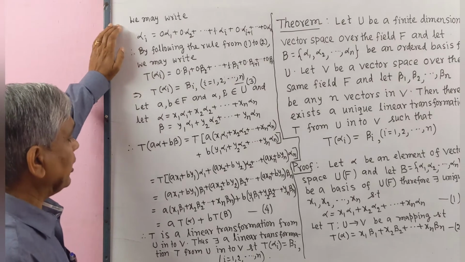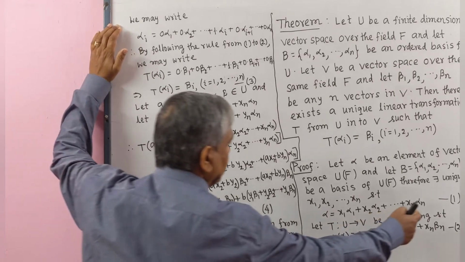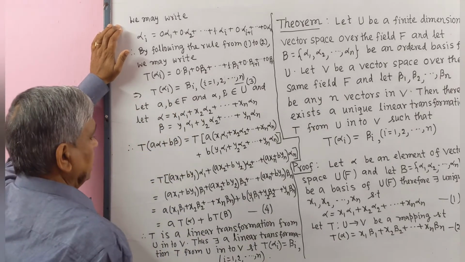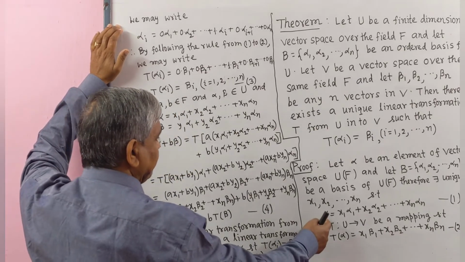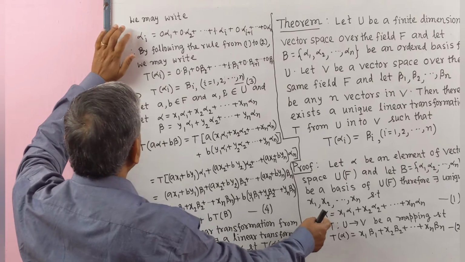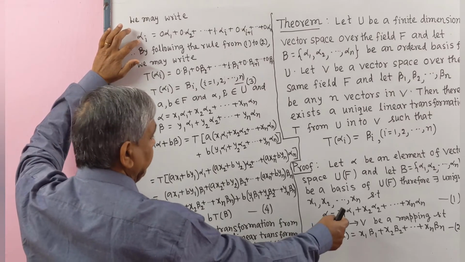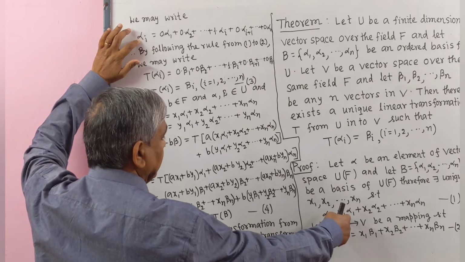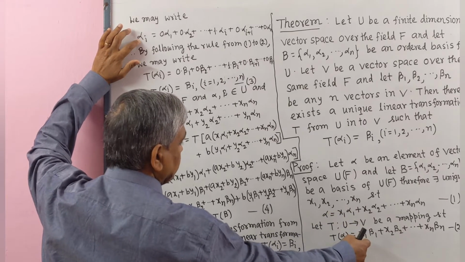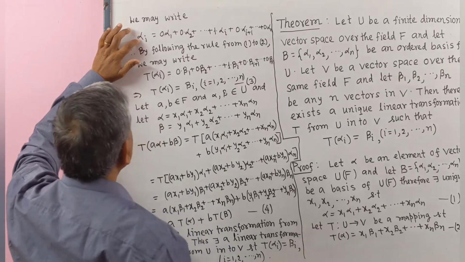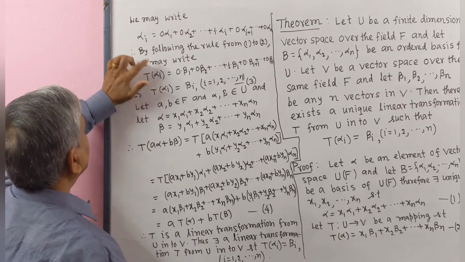Now we follow the rule from 1 to 2. Here we have alpha in place of alpha, here we have alpha i. Here we have x1, here also x1. Here T alpha, here T alpha i.